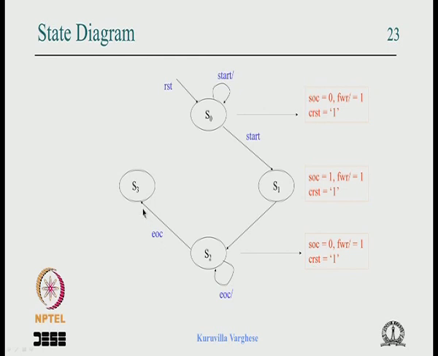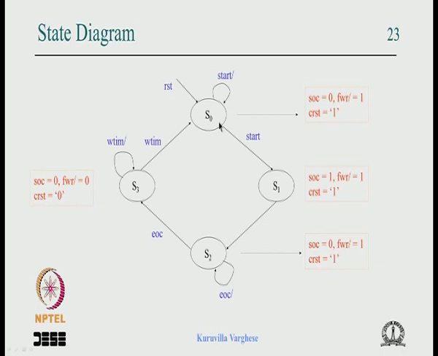Upon end of conversion we go to the next state, where we give the FIFO write signal and start the counter. FIFO write is active and the counter is counting, so we are waiting for the decoder output to come. If write time is low, remain there. If write time is high, go back, because then everything remains the same, and wait for the start signal.